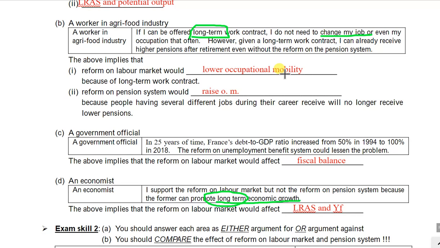And if they can accumulate their human capital, the long-run AS can be promoted because of a higher labor productivity. And you can talk about the accumulation of human capital to explain why the long-term economic growth can be promoted. So this is the hint from the views of different individuals.